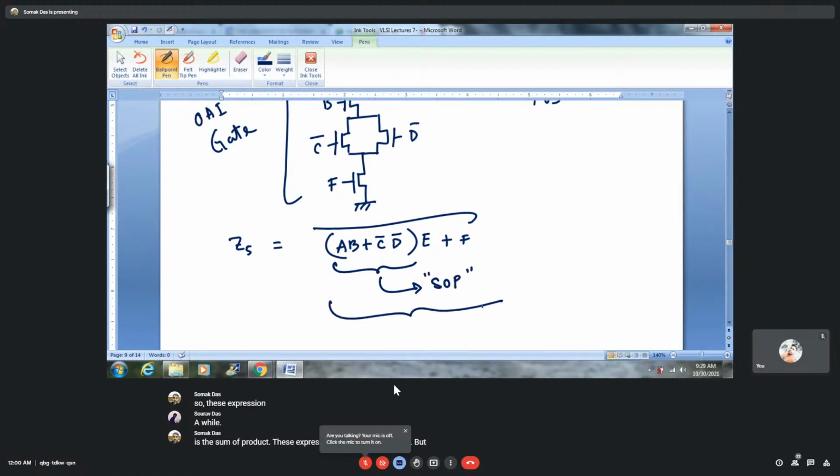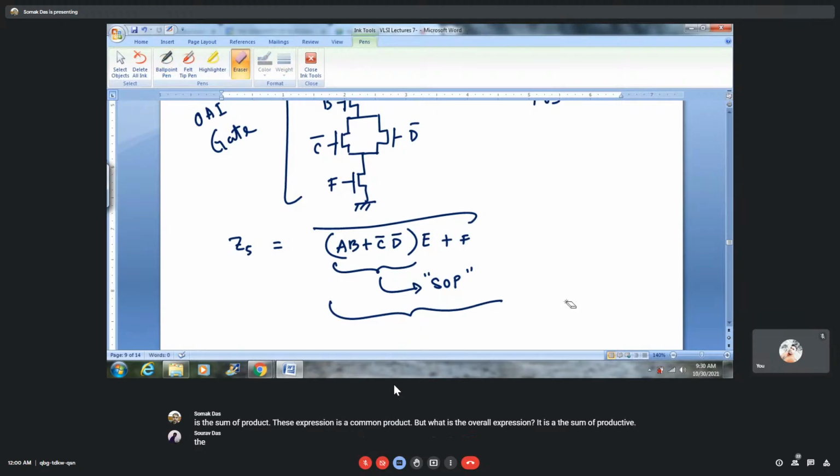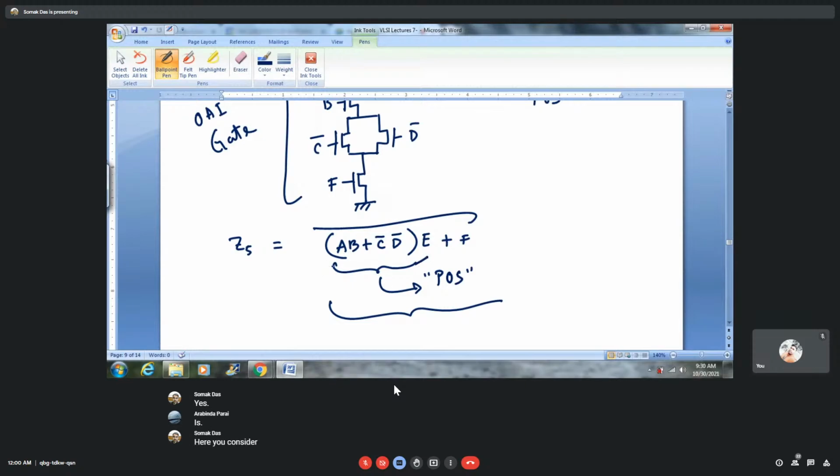But what is the overall expression? Is it a sum of product or product of sum? Sir, the earlier is POS and the below one is SOP. SOP, yes, correct. Earlier is POS, you consider E also.